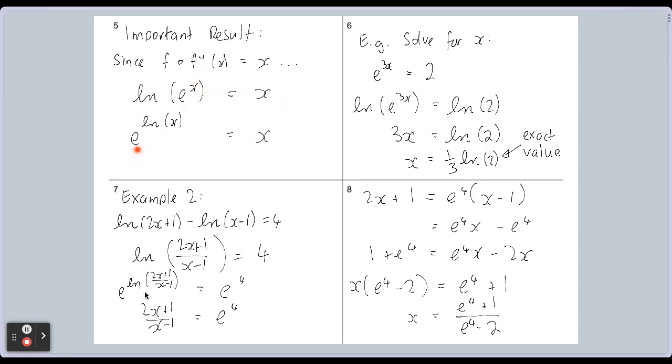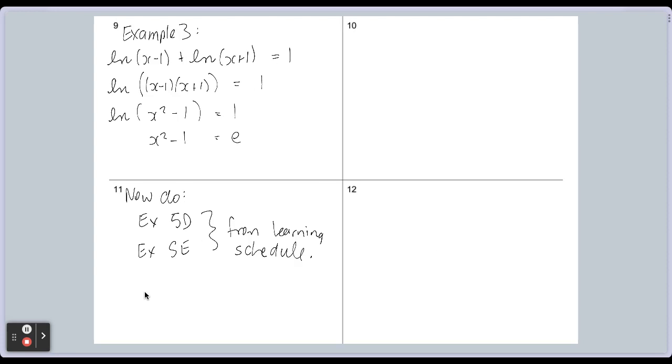Conversely, e to the power of ln(x squared minus 1) is going to be x squared minus 1. Okay? That's basically what it means. All right, so I've taken e to the power of on both sides, and that's why I've got the left-hand side as just x squared minus 1, and the right-hand side is equal to e. I've cancelled out the ln effectively.